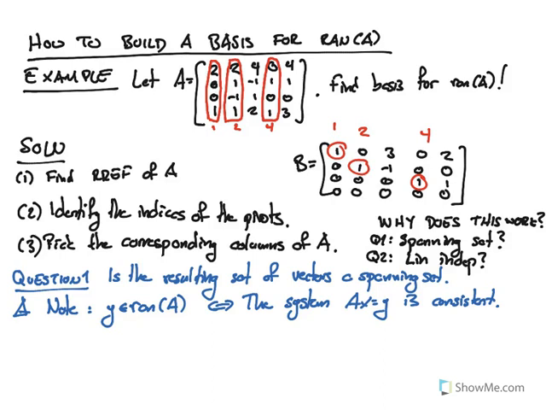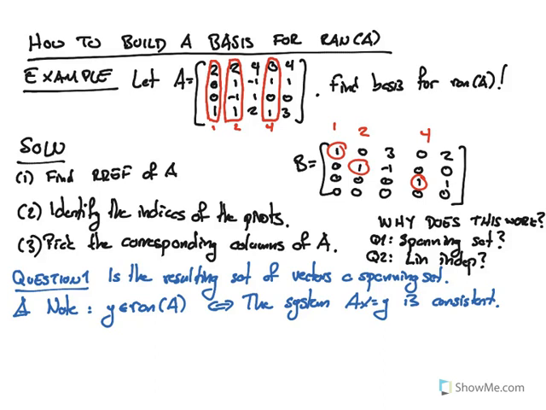And now we know that, once we reduce AX equal to Y, we get an equivalent linear system whose coefficient matrix is the RREF B. And now notice that when you build a solution, you could simply set all the free variables to 0.